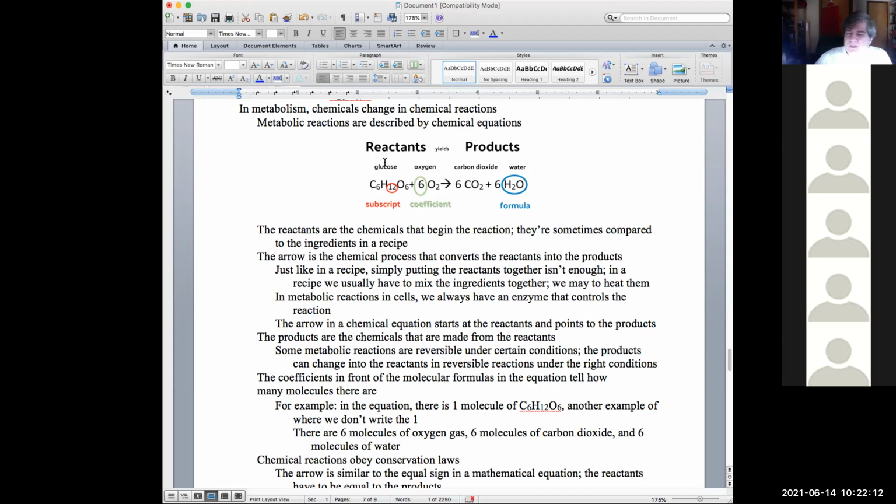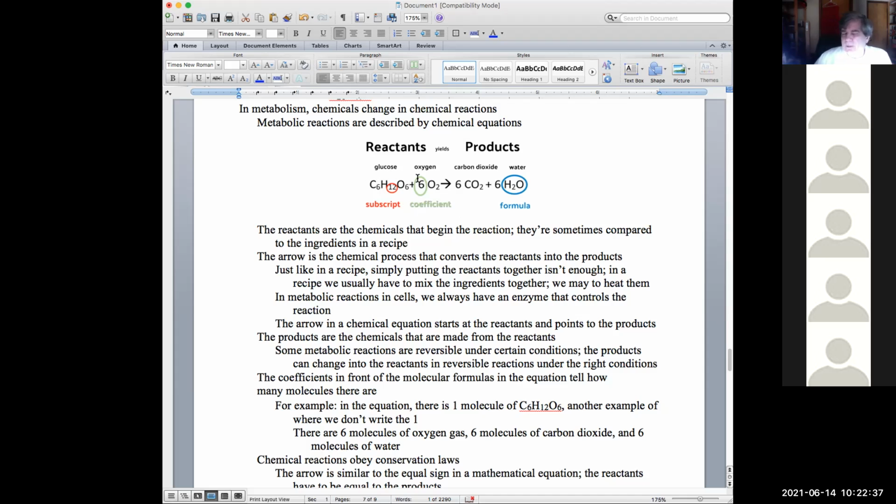A lot of times enzymes and the reactants that they work with are described as fitting together like a lock and a key. And just like if you have the wrong key, you can't start your car engine or open your house door, if you have the wrong enzyme, nothing happens with this reaction. We just keep our reactants. They just sit there.